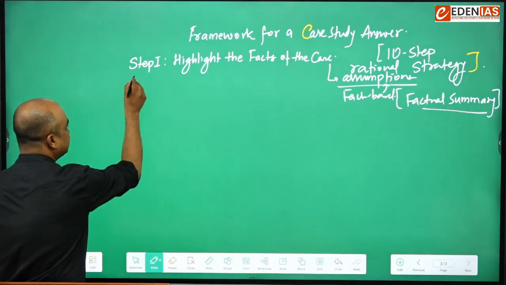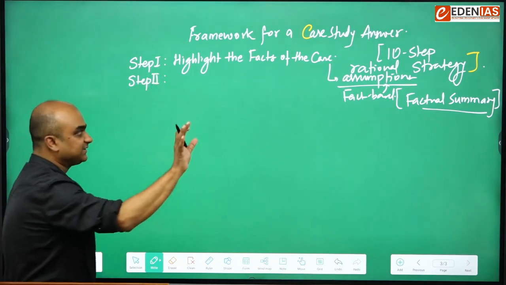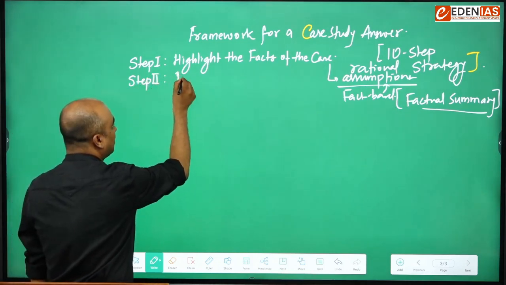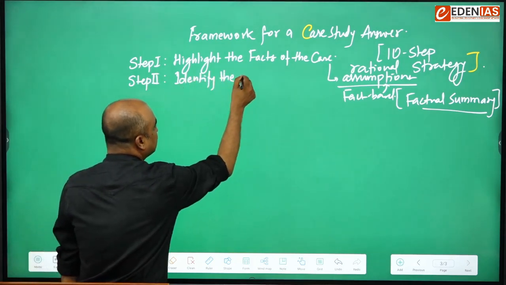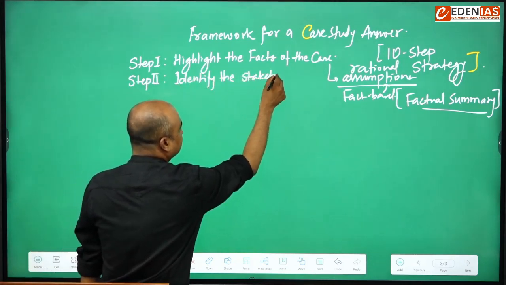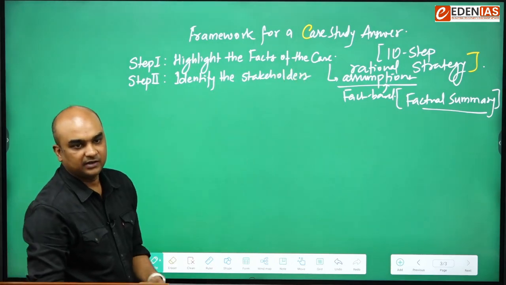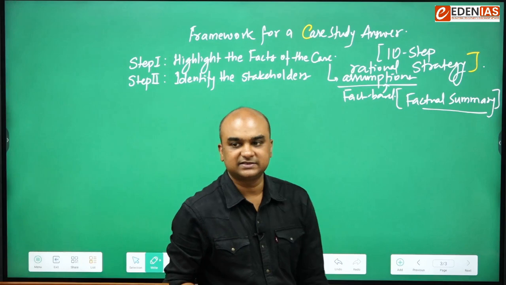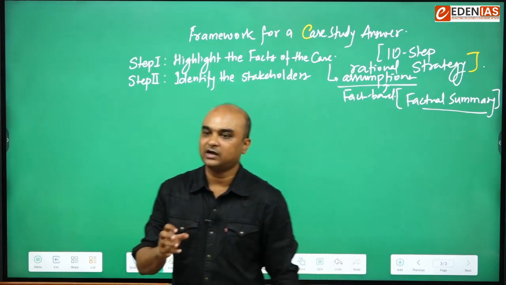Then comes the second step, step 2. After highlighting the facts of the case, you have to identify the stakeholders of the case. Now, what do we mean by this? Stakeholders of the case are those entities.